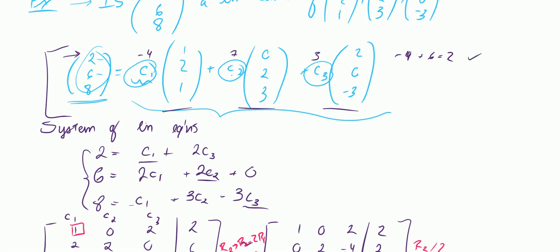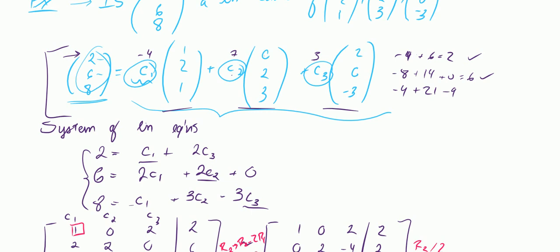Then the second one is minus 4 times 2. So that's minus 8. So minus 8 plus 7 times 2, which is 14. So plus 14 plus 0, which is 6. So that's also good. And then the last one is minus 4. So minus 4 times 1 plus 21 minus 9.